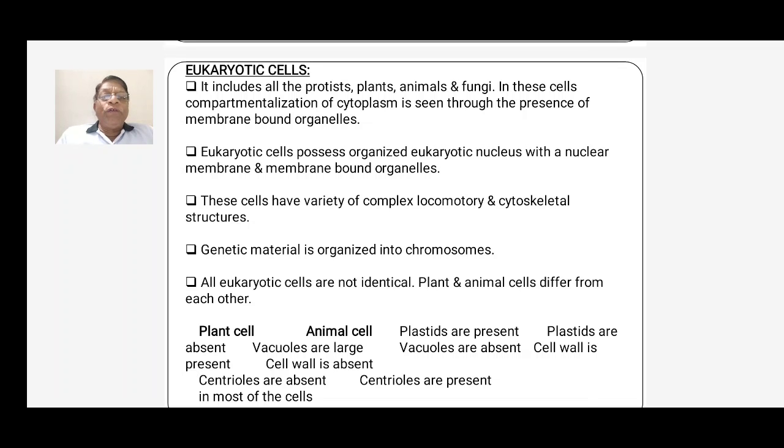Such a type of nucleus is called eukaryotic type of nucleus. All the organisms which possess eukaryotic type of cells or nucleus are called eukaryotes. Just now we have seen the examples like protists, plants, animals and fungi.